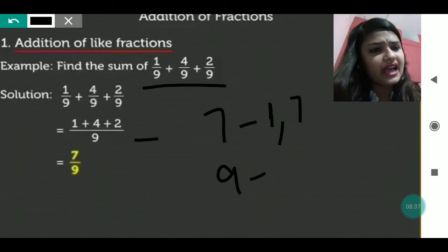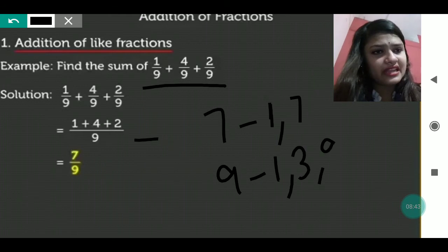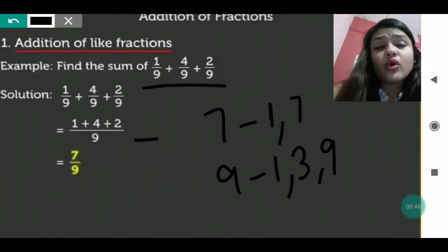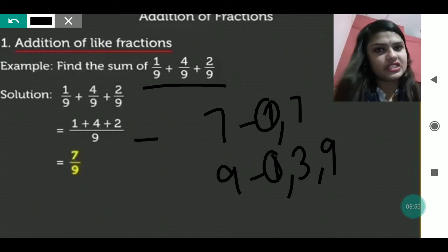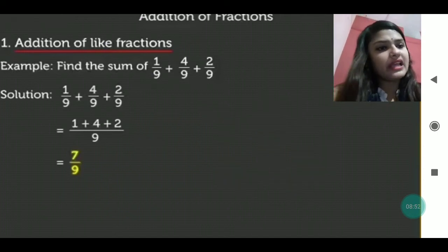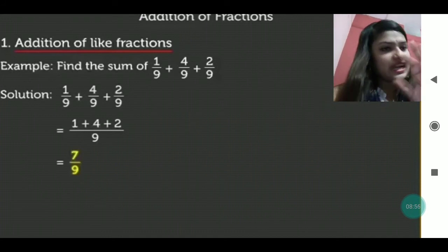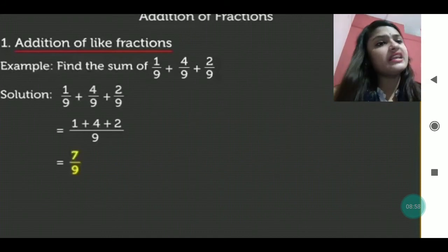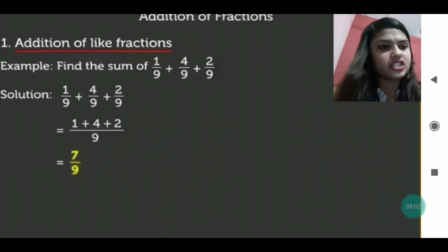In the same way, 9 has the factors 1, 3 and 9. So only 1 is the common factor in both, so it is already in its lowest term. While doing the addition of like fractions, I am also discussing how to convert the fraction into its lowest term, because maybe it can be asked in the question.